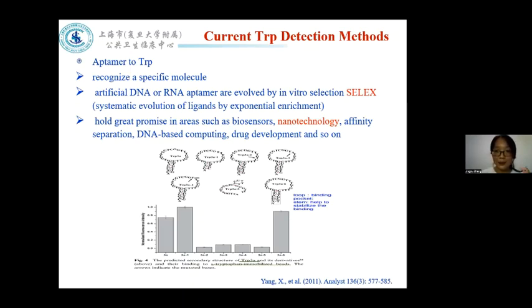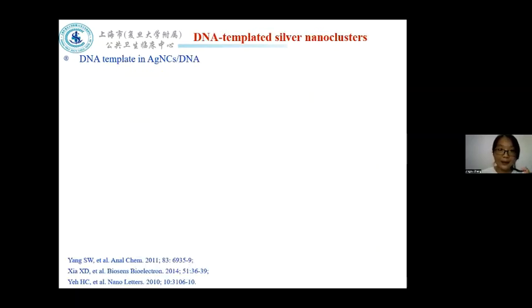And what we want to do is to apply the tryptophan aptamer to fluorescence-based detection methods in an easy way. We found an easy way to detect tryptophan based on DNA templated silver nanoclusters.